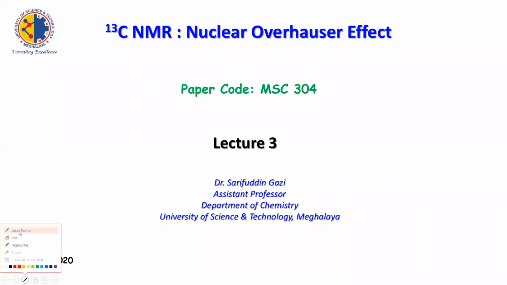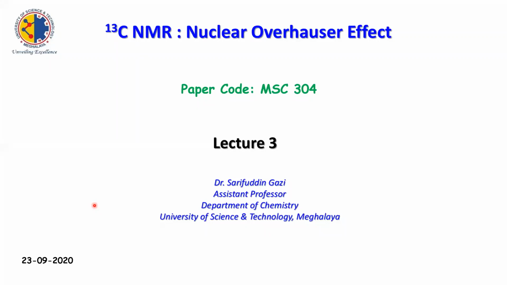In our last class, we have seen that in 13C NMR, particularly proton decoupled 13C, we are not able to do integration. Integrations are not possible for understanding the number of carbons.